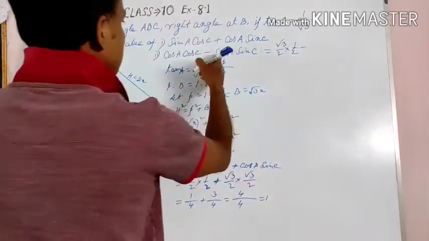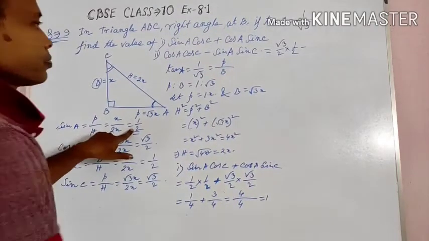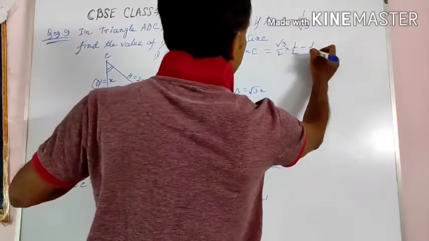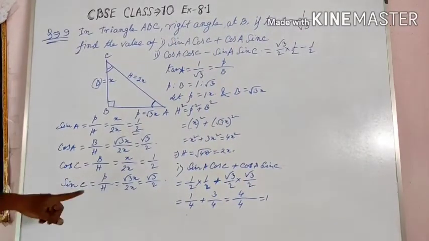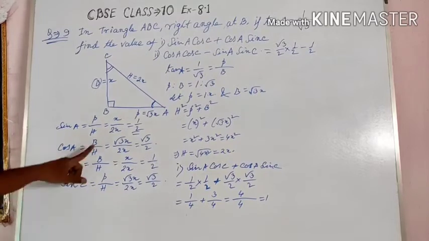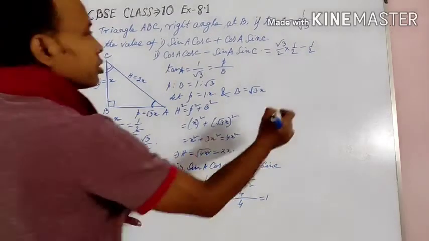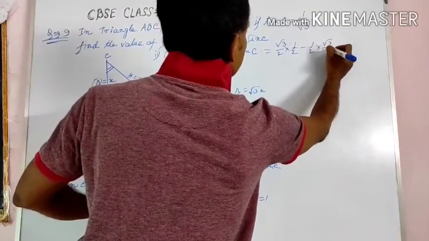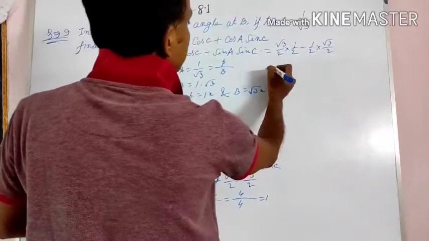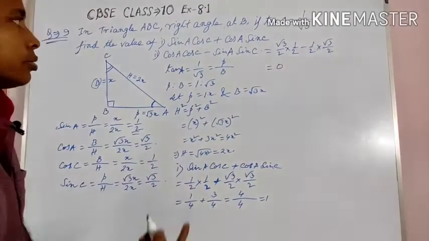Minus sin A, which is half, into sin C, which is root 3 by 2. Root 3 by 2 into root 3 by 2... So this is equal to 0. The second value will be 0.